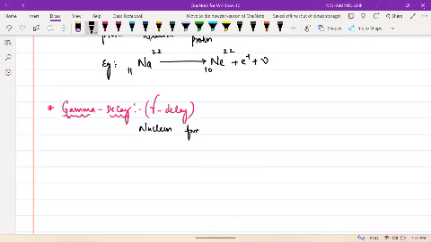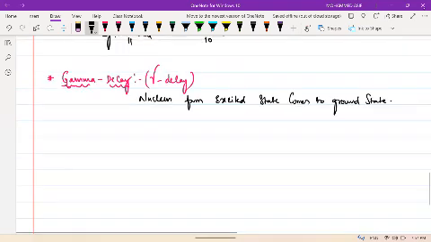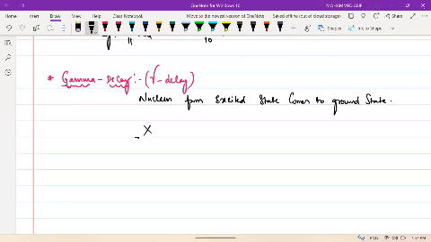Nucleus from excited state comes to your ground state. Am I clear? That means if I write in a nuclear reaction X, Z, A, keeping a star mark here, the star mark represents that it is in the excited state.